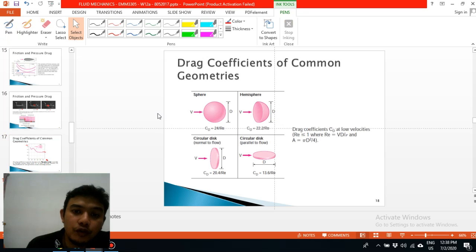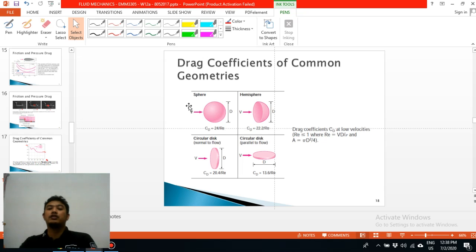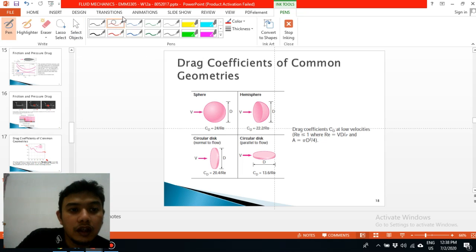Okay, this is the drag coefficient of common geometries. For example, if we have 4 types of shape here: for a sphere, the CD is normally 24 divided by Reynolds number. When we cut it to half, a hemisphere, the coefficient of drag will be 22.2 divided by Reynolds number.